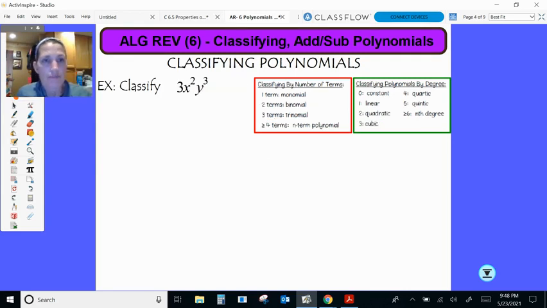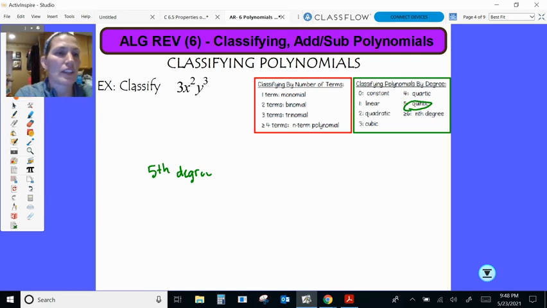Okay, how about this one here? This one is a monomial. So what's the degree of the polynomial? So we have to actually add up the degrees of the monomial to figure out. So this is a 5th degree. Okay, so we're going to write that as a 5th degree. And that's going to be kind of a special one because it's just a monomial. So actually it could be called quintic, right?